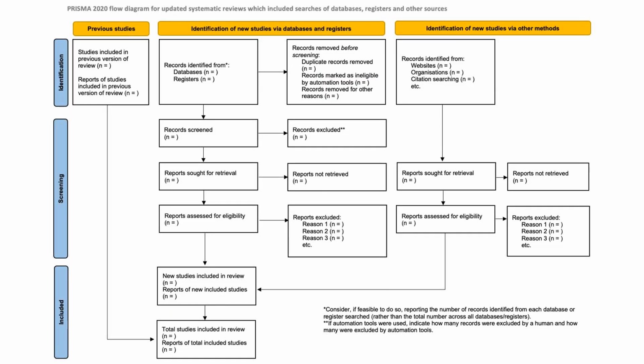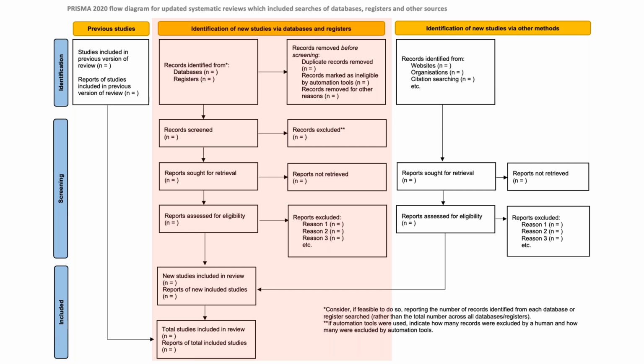So this is the new flow diagram template, and essentially it can be divided up into a range of different flow diagrams. So the main section is this pink section here, which is similar to what the original flow diagram looks like, asking you for the flow of information identified from databases and registers.